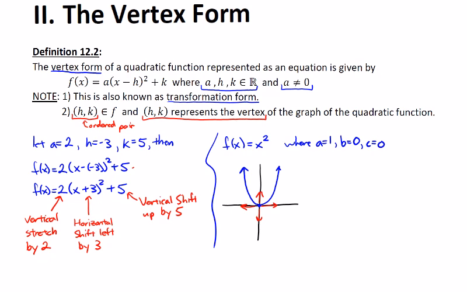So the value of h and k ends up taking on the exact location of the vertex when it's written as an ordered pair. So it's really convenient to have this vertex form because you automatically get the location of the vertex for free. And it's, in my opinion, the vertex is the most important point when graphing a quadratic function.